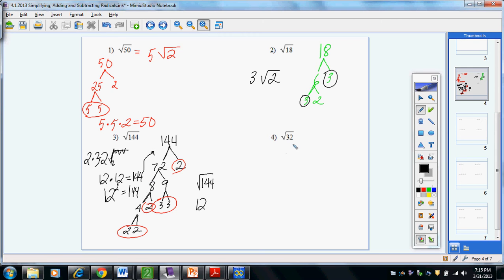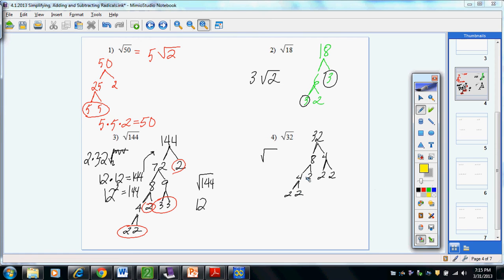Okay, so let's look at the square root of 32. We'll go ahead and factor 32. Let's go ahead and put our radical over here. Alright, so 8 times 4 is a multiple of it, and then 2 times 2. Again, 8, we have 4 times 2, and 4, we have 2 times 2. So now we see that we have a pair of 2's, so we'll move one of them out here.